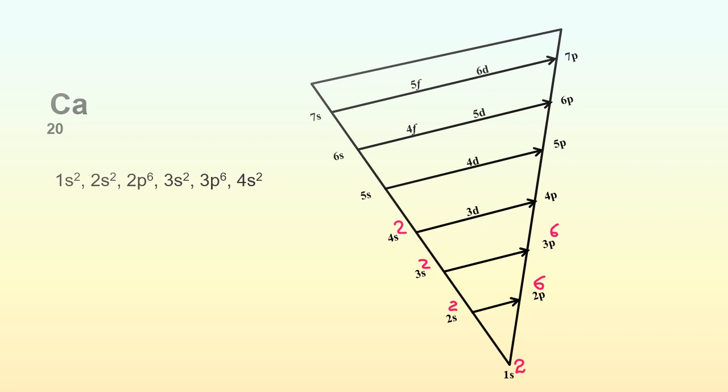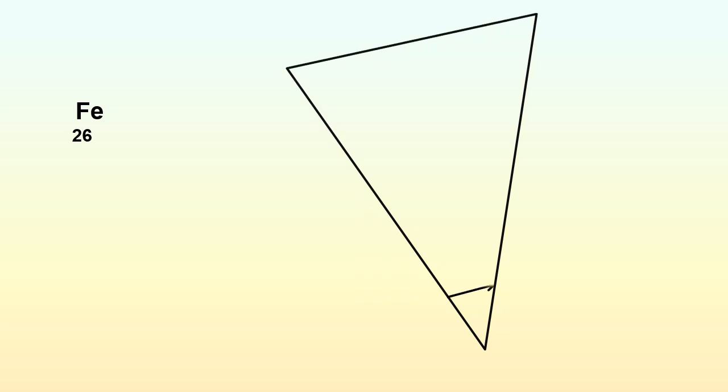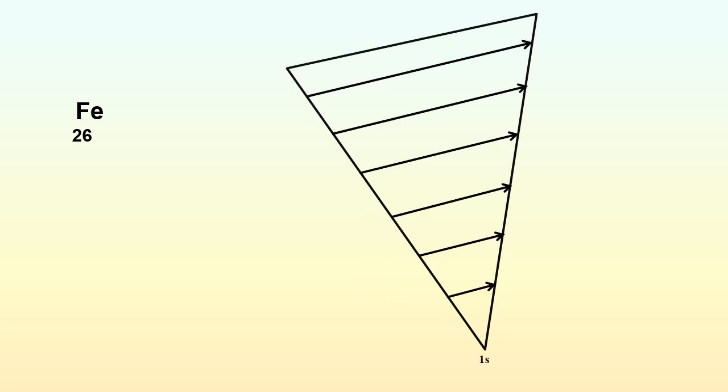Let's have another: iron. Its atomic number is 26. So draw the energy level diagram. Left side all s and right side p orbitals, and then after 4s 3d, then 4d, 5d, 6d, and before 5d 4f, and then 5f.